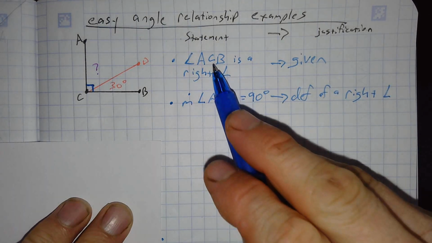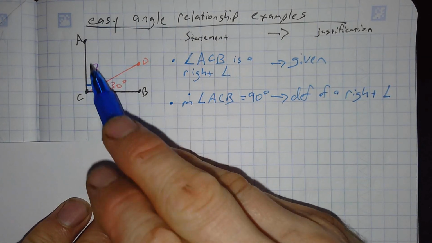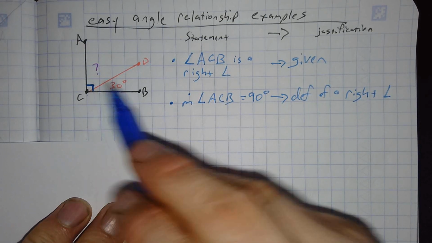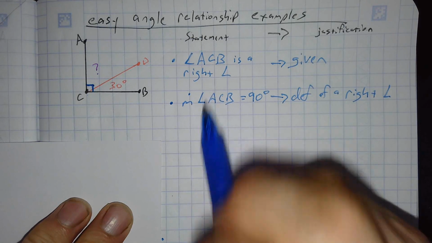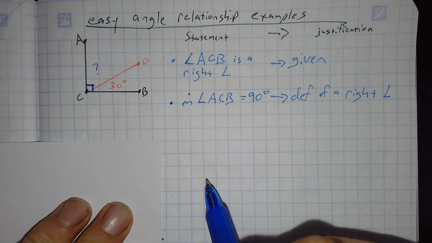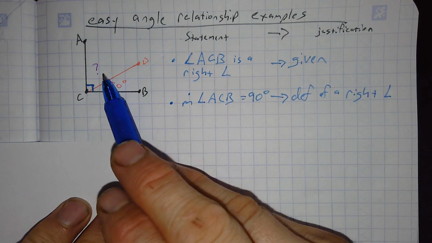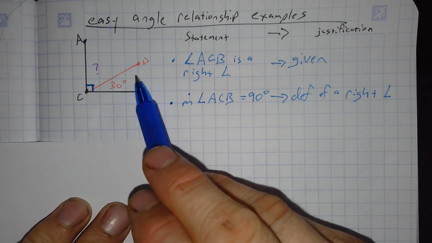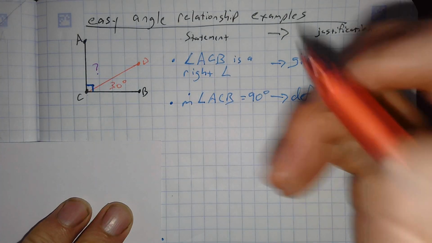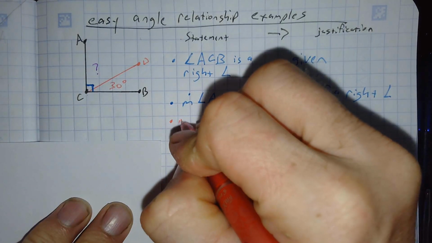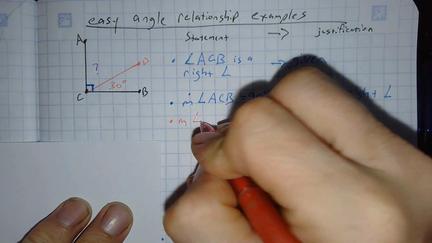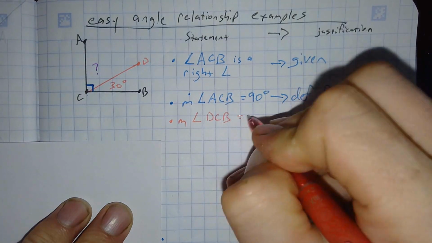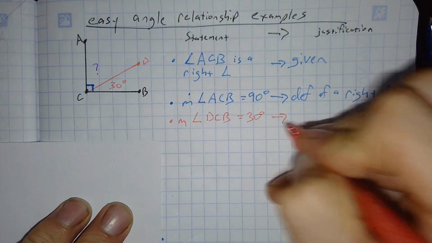Notice how I named it with the vertex as the middle letter. That's important. If I know that this is 90 degrees, it also tells me that the measure of angle DCB equals 30 degrees. That is given.